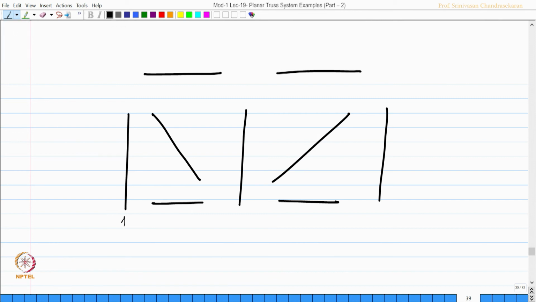So, this is 25 and 25, this is 45 and 45, this is again 45 and 45, this is 10 and 10, this is also 10 and 10, okay, this is again 45 and 45.